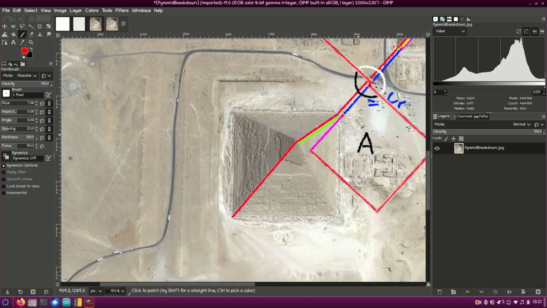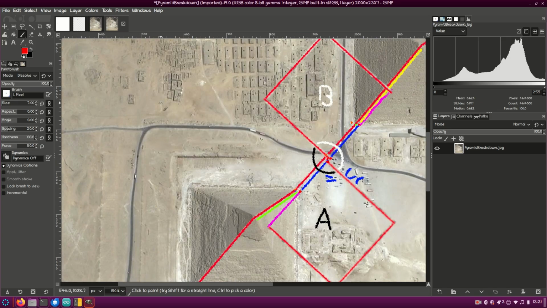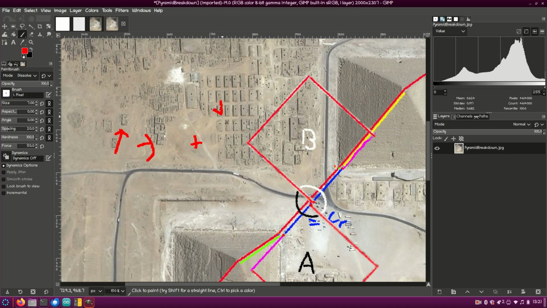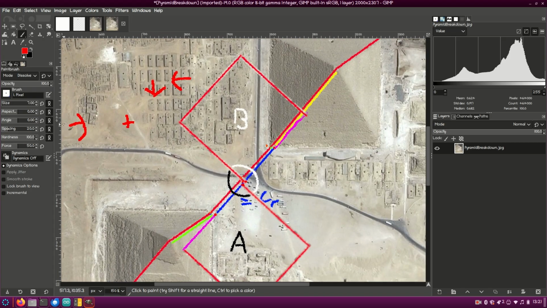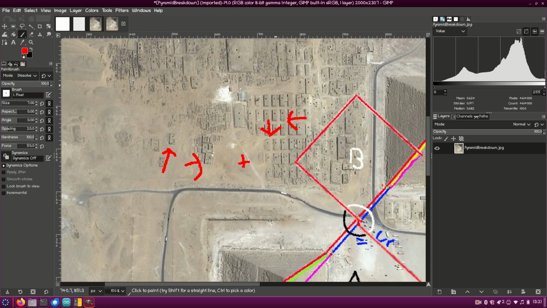What we are looking at, because this is a collision on an angle, is an upward motion and a rightward motion being added to a downward motion and a leftward motion. Okay? So depending on how you want to look at it, it's a combination of these two.